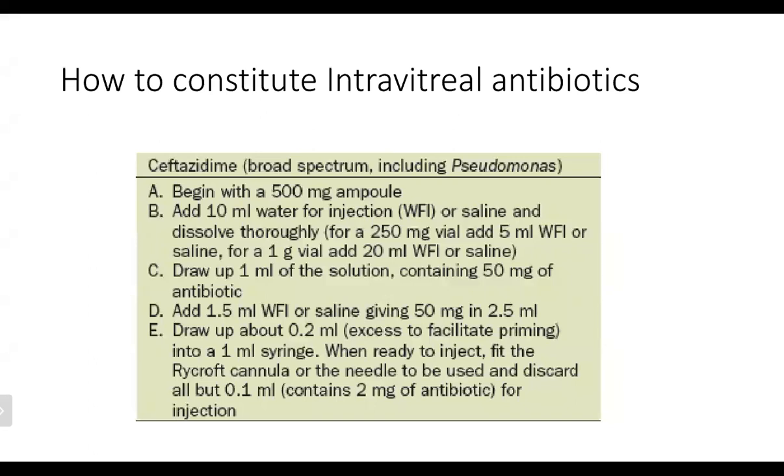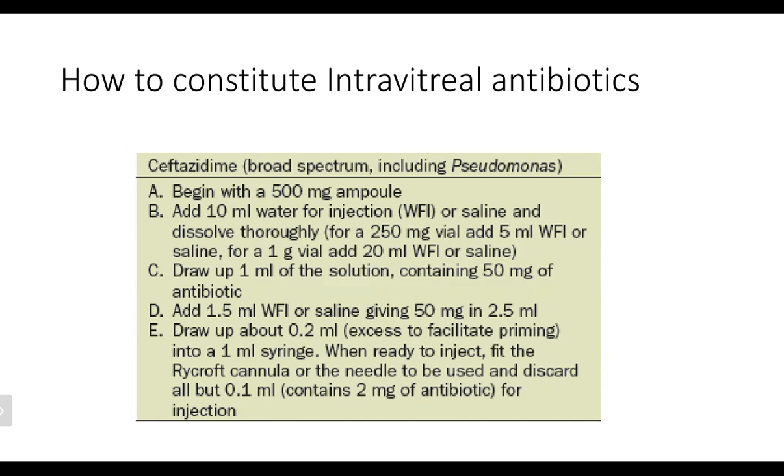That 1 mil now contains 50 milligrams, since once you add 10 mils to 500 milligrams, each mil will contain 50 milligrams. So you take 1 mil and then you add 1.5 mil of water for injection or saline to it, making it up to 2.5 mils.